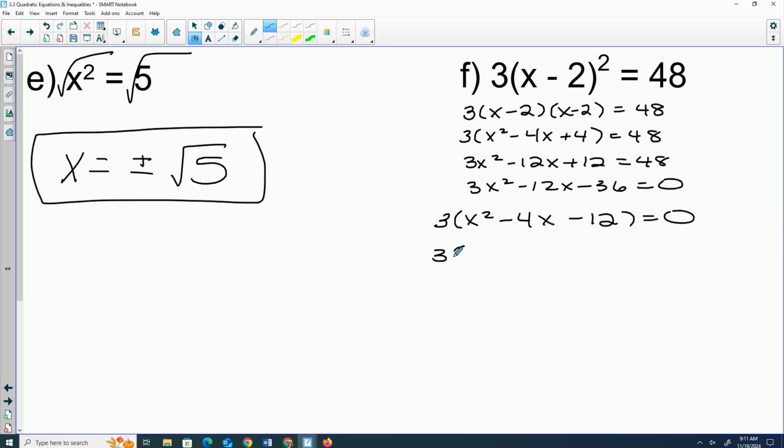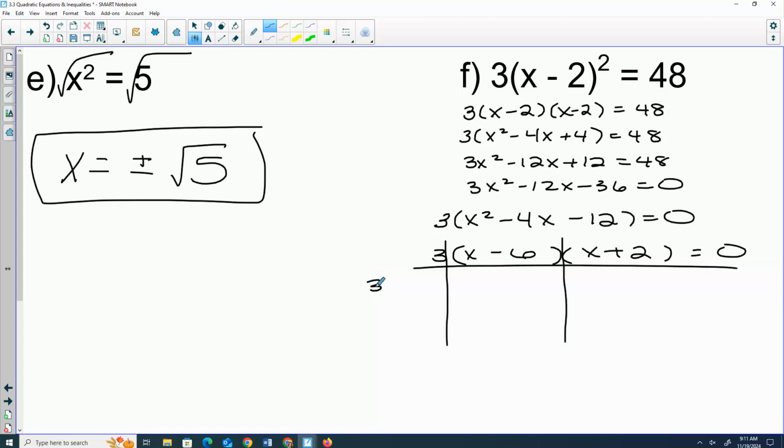Okay. What multiplies to negative 12 and adds to negative 4? Okay, this time I have 3 things multiplied. So if I set all of these equal to 0, does 3 ever equal 0?